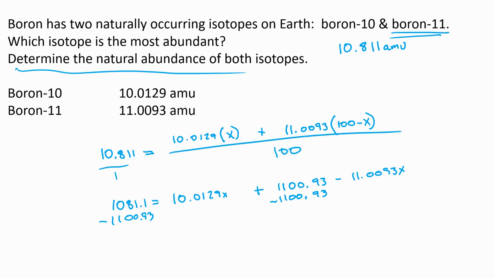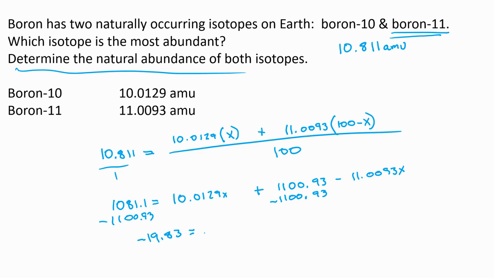So on my calculator, 1081.1 minus 1100.93. And I get negative 19.83 equals, and I'm going to put my X terms together, 10.0129 minus 11.0093.